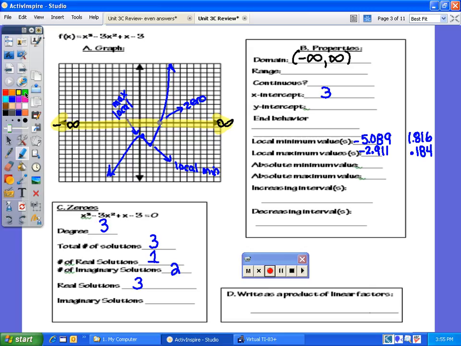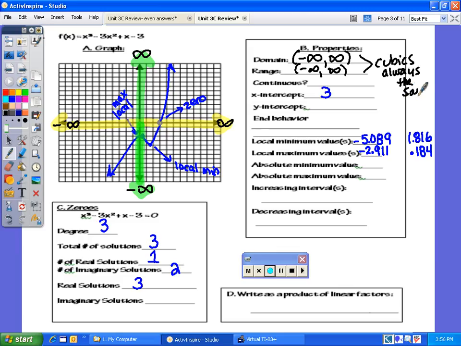The range is how low do you go to how high do you go. So if you notice on this side, it goes all the way down, and then it goes all the way up. So that means that the range is also going to be negative infinity to infinity. For cubics, they're always the same.